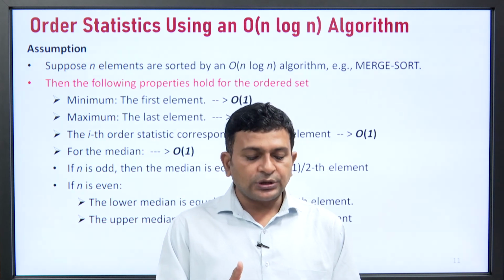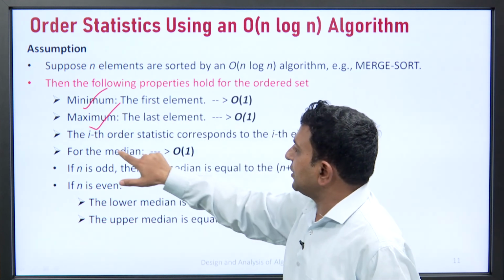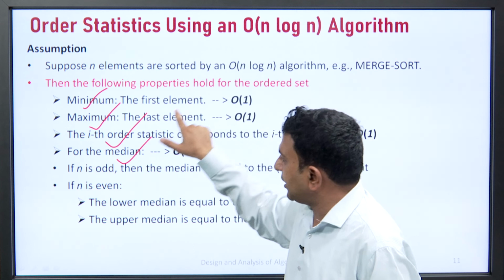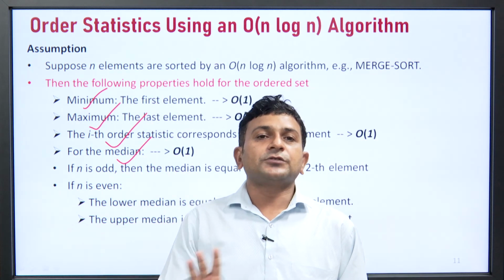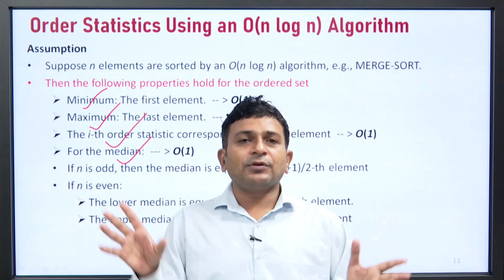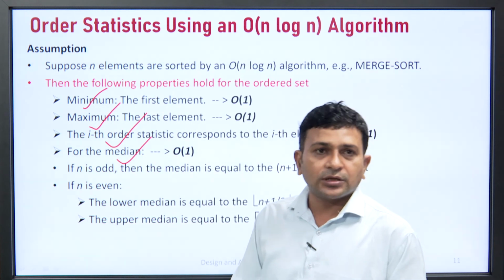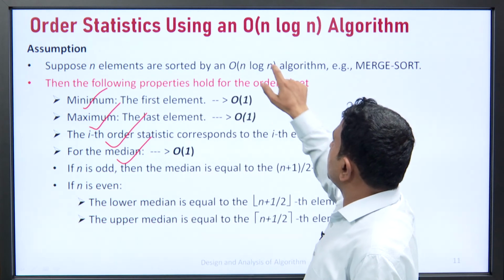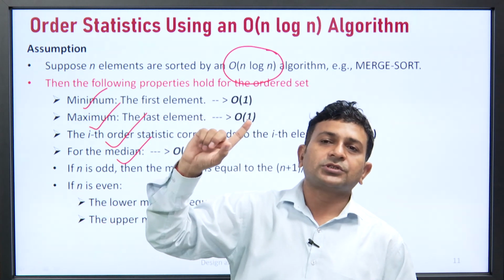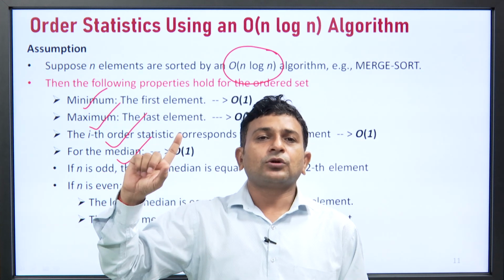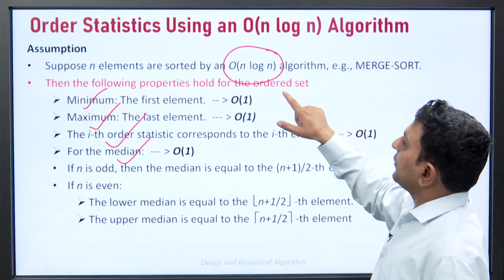Then these selections, finding the minimum, the maximum, the ith order statistic, the median, would all take linear time once sorted. But if we talk about the total time, sorting takes big O of n log n, because the best sorting algorithms have this lowest cost. So the total time would be big O of n log n.